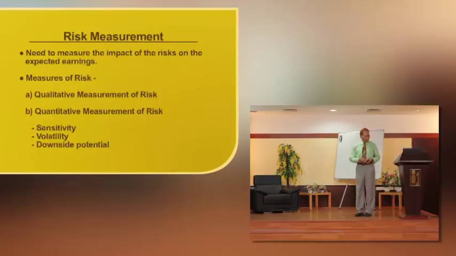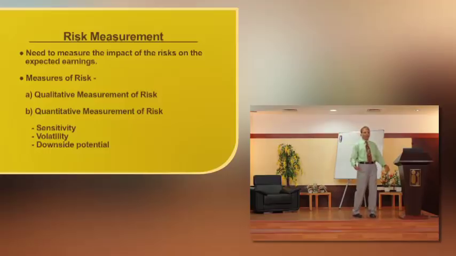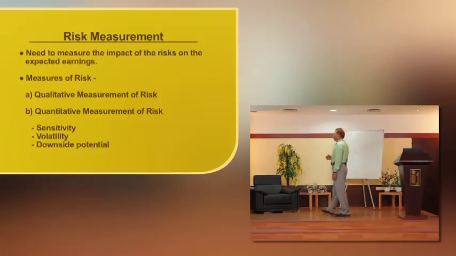Now when I have identified, the next thing is risk measurement. Because we know that the kind of risk we take impacts my profit or returns from the business. So I need to know the impact of a risk on the expected earnings. This is very, very important.